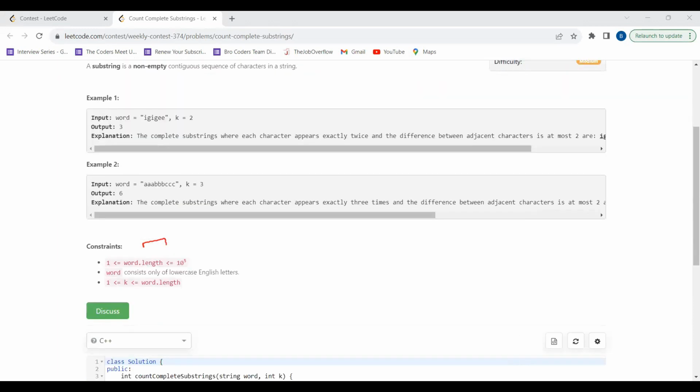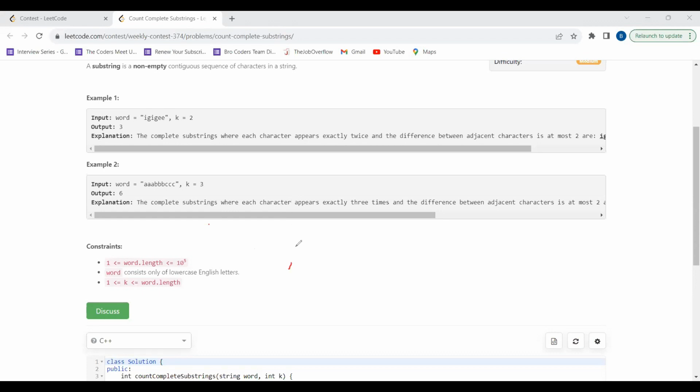Now let's take some examples and try to understand things.